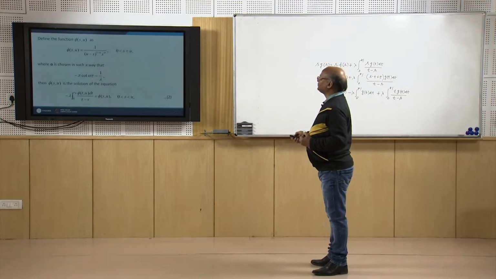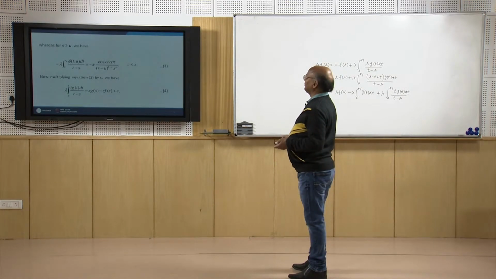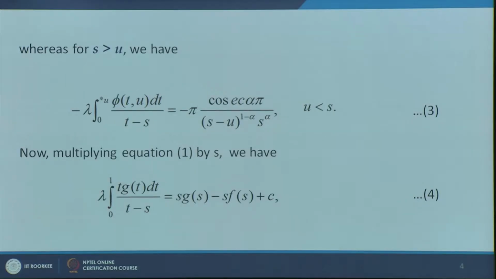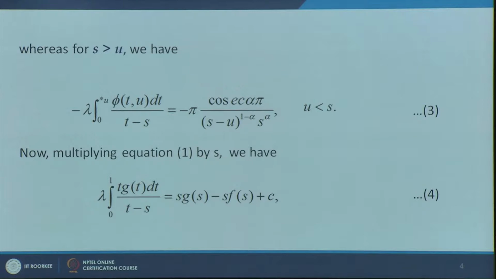Okay, so let us see. We multiply equation 1 by s, and then we have this. So lambda times integral 0 to 1 t g(t) dt divided by t minus s equals s g(s) minus s f(s), and then we write plus c, where c is lambda times integral 0 to 1 g(t) dt.